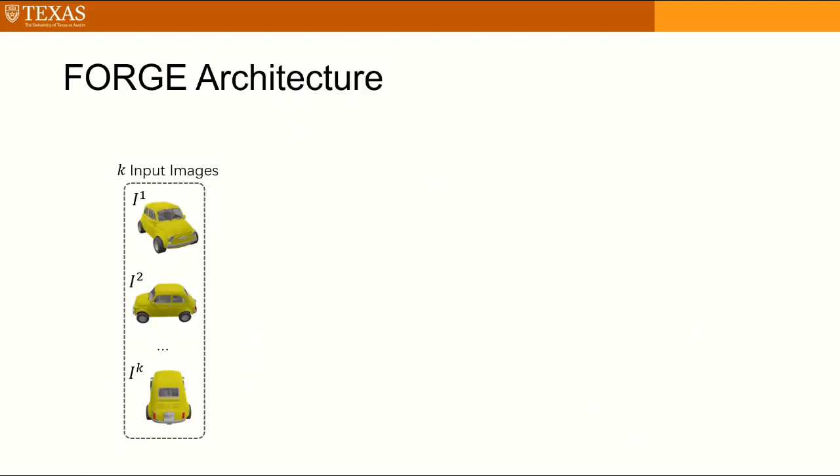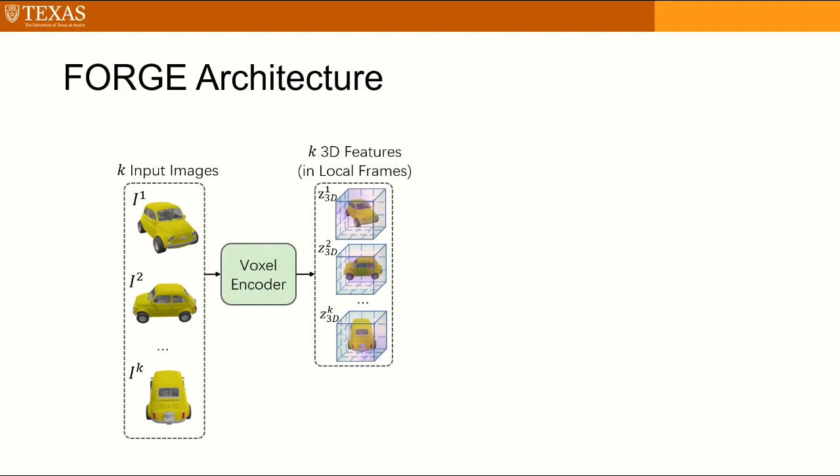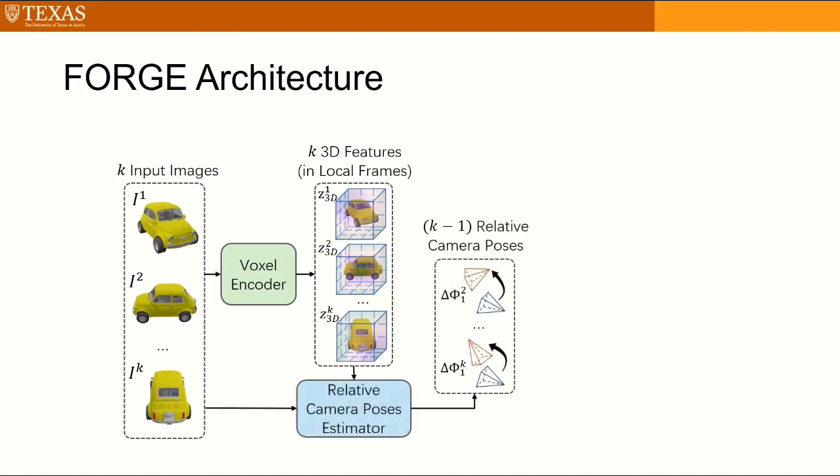In detail, we set the first image as the canonical view, which has an identity pose. We then use a voxel encoder to get per view 3D features, which are defined in the corresponding camera coordinate frames. We use both 3D features and 2D images to predict the relative camera poses.